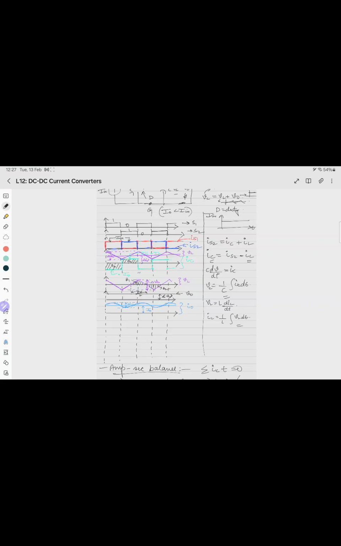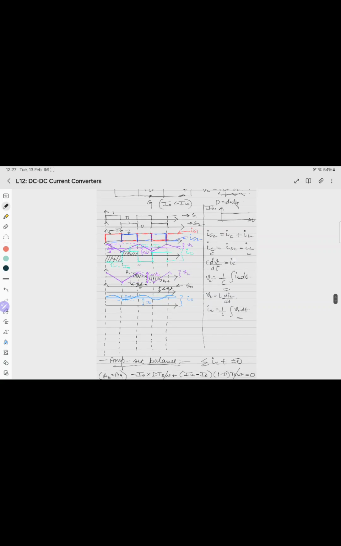Next, I have to draw the waveform of IC. Then I can draw the waveform for VC. So first I have to write IC.